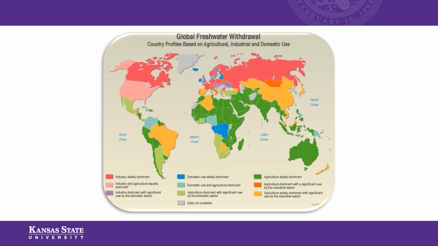But in countries that don't naturally get a lot of rainfall and precipitation, like Africa and Australia, they are using most of their water resources to water their crops. And so, as a result, on average, worldwide, agriculture is the number one user of water.